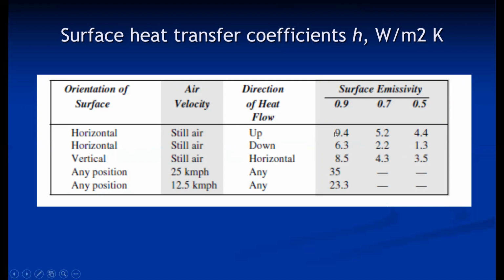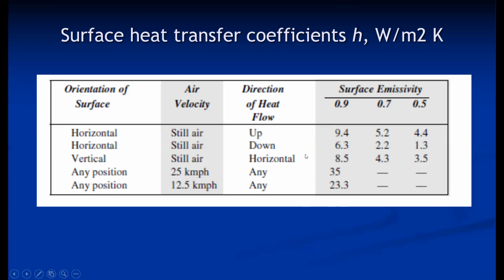So the heat transfer coefficient decreases because of the smoothness of the surface, and as the surface becomes smooth, the emissivity also decreases. It also varies with the air. For still air it is less, and for moving air it is comparatively high because of convection principles. Convection heat transfer coefficient increases with increasing velocity.